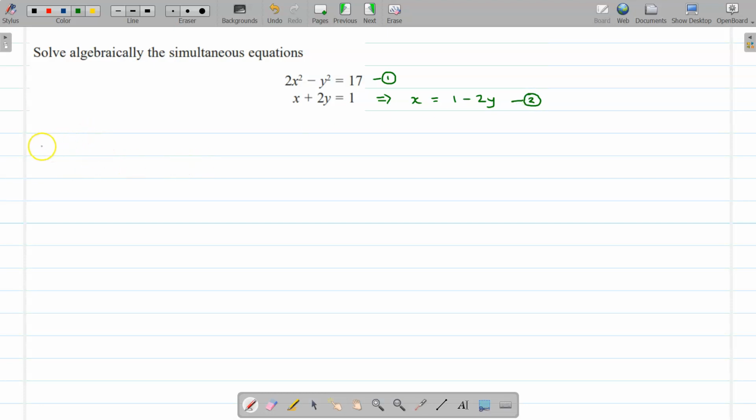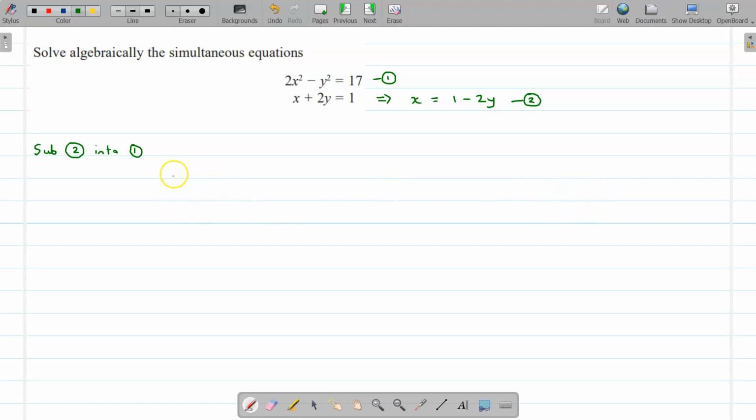So I'm going to sub equation 2 into equation 1. I could have done it the other way around. I could have written y equals a function of x and replaced the y with that. The only problem with that is it would have left me with a fraction over 2, you see. So that's why I've done it this way around.